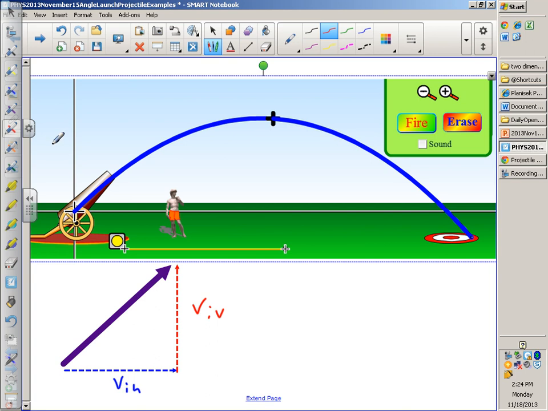This distance that goes, let's use yellow, from here to here. I'm going to cut this off right at this point because this is the x-axis of our reference. We talked about the golf ball just landing right where we shot it from, so I'm going to cut it off right there.